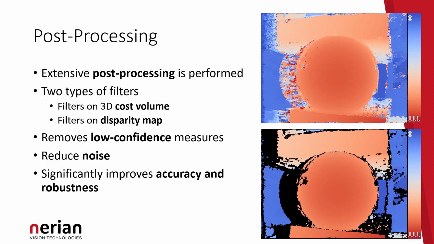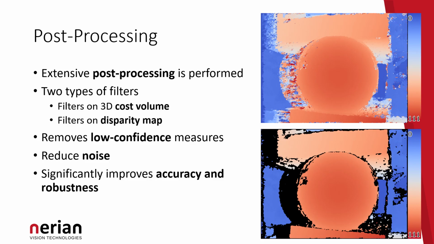But the stereo matching algorithm is not the only image processing step that runs on the FPGA. In fact, we run a very extensive post-processing chain after stereo matching. And in particular, there are two different types of filters that we run. First, we run filters on the 3D cost volume that is computed from stereo matching. And then we also run filters on the computed disparity maps, which is the inverse depth map that naturally results from stereo matching.